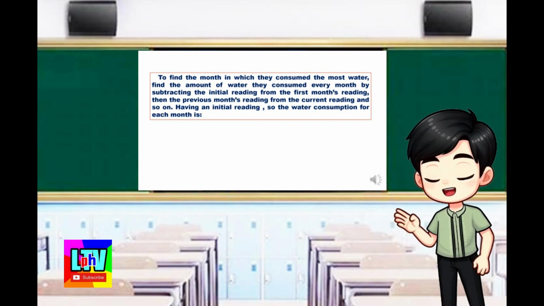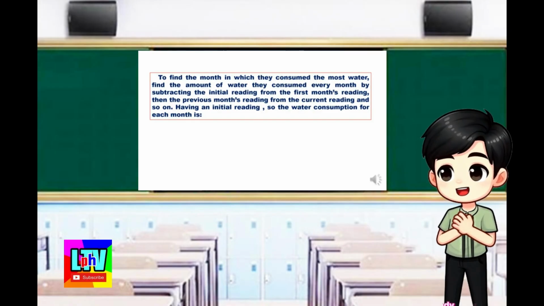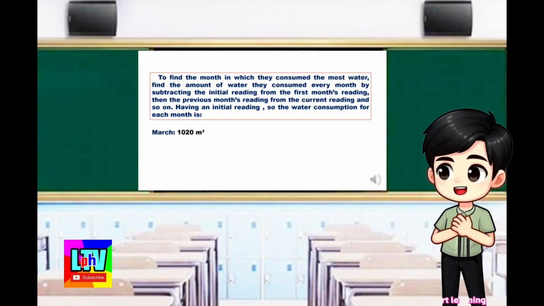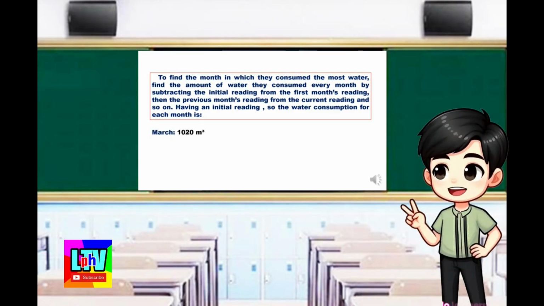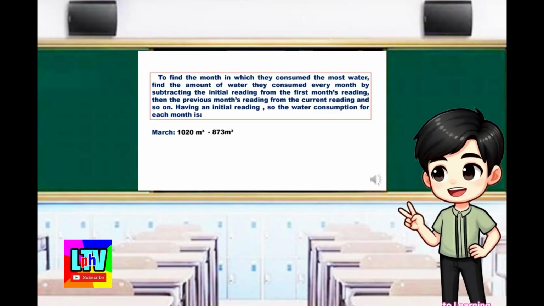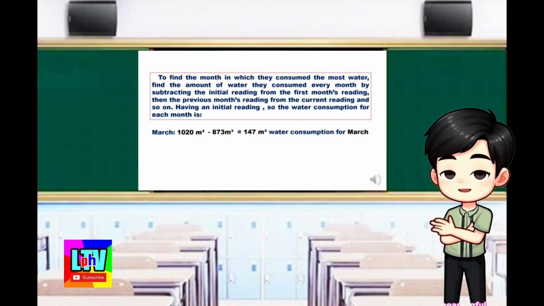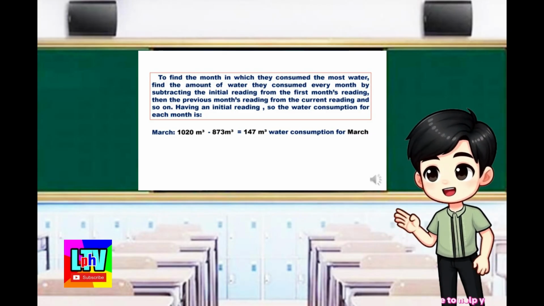Having an initial reading, the water consumption for each month is: for March, 1,020 cubic meters minus 873 cubic meters, 147 cubic meters water consumption for March.